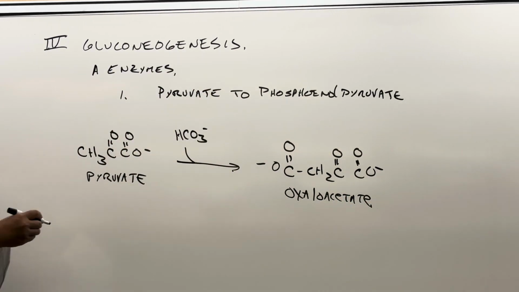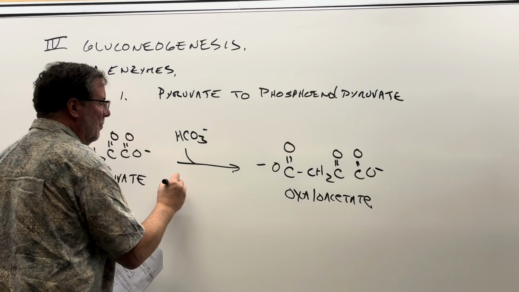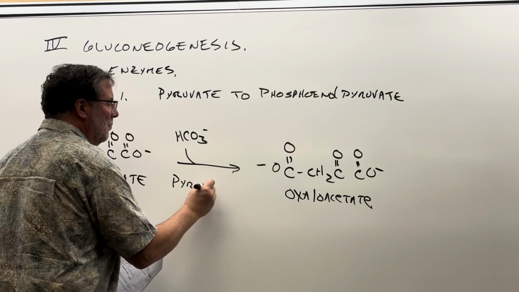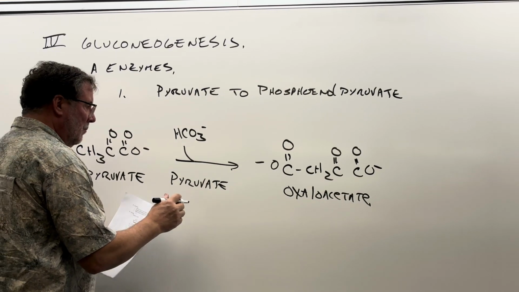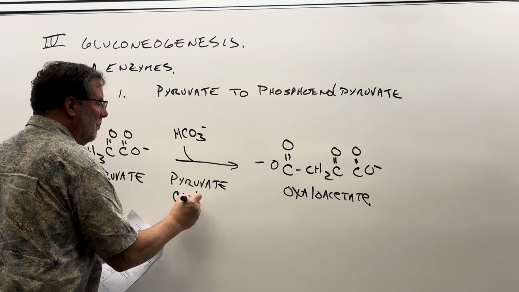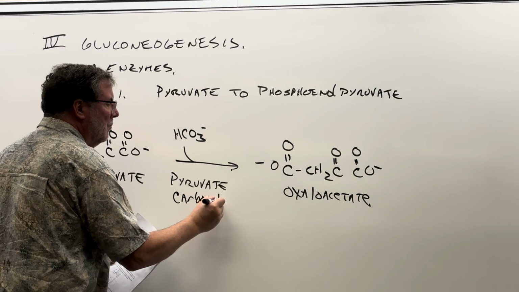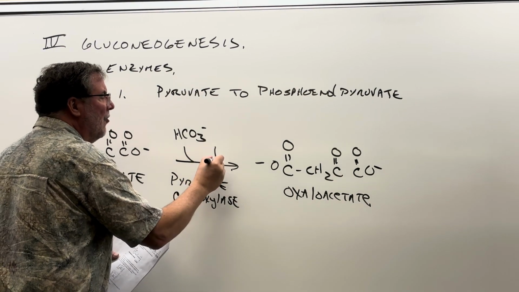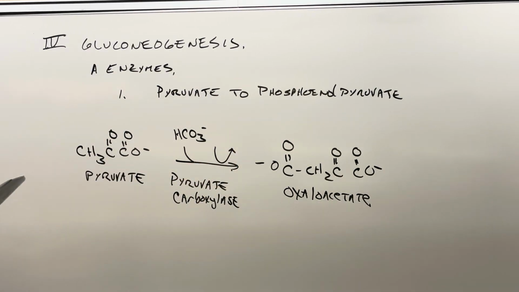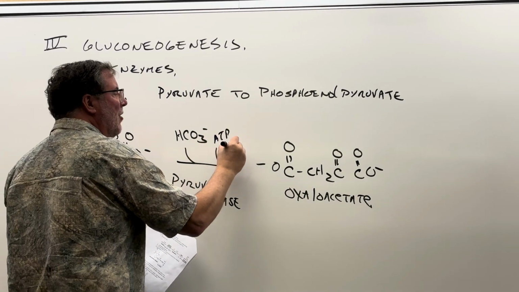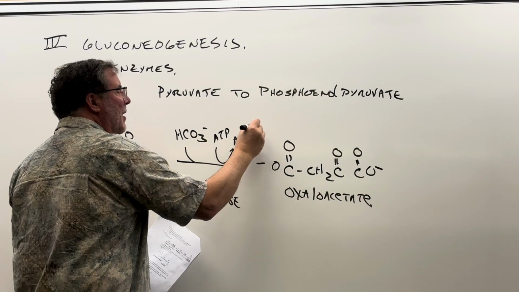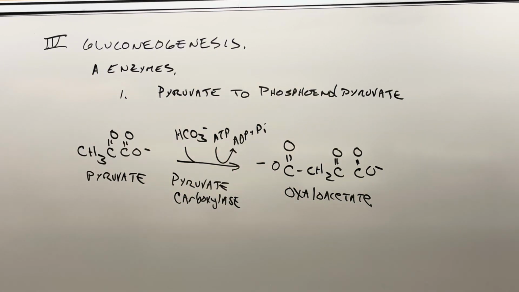This enzyme is known as pyruvate carboxylase. And energetically, it's going to require hydrolysis of an ATP. So I'm just going to put ATP goes to ADP plus Pi. So this is coupled to the hydrolysis of ATP.